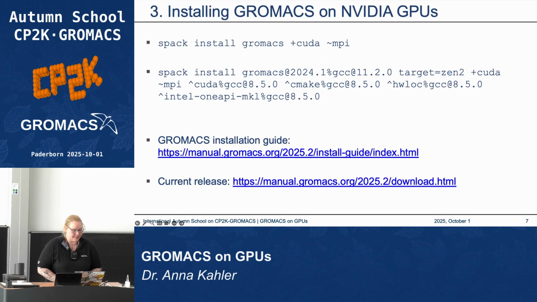So installing GROMACS on NVIDIA GPUs can be really simple. What we do in Erlangen at NHR at FAU, we use Spack, and it is a single line. As you can see on the slide, just spack install gromacs, then use CUDA and don't use MPI.